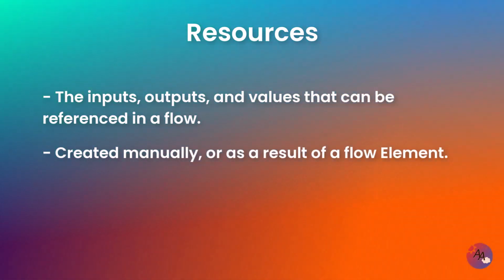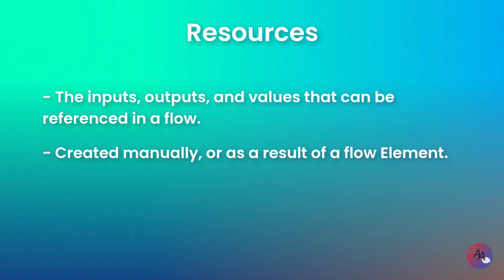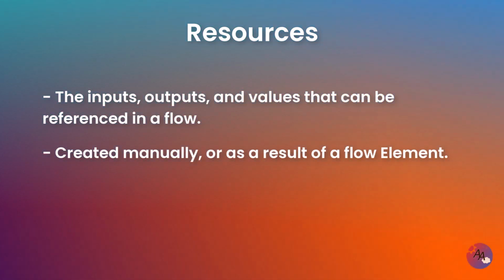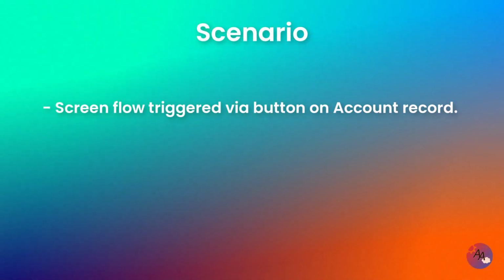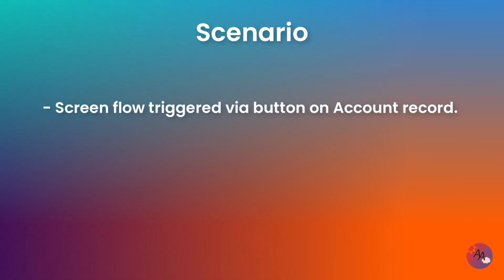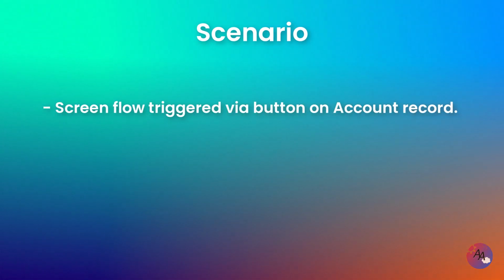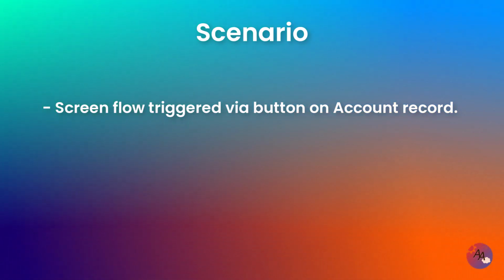Another main aspect of building a flow are the values, inputs, and outputs we can leverage during the flow process. These values are known as resources. Let's say we have a screen flow that is triggered via a button on the account page, and this flow allows a user to create a case for the account where the button is pressed.